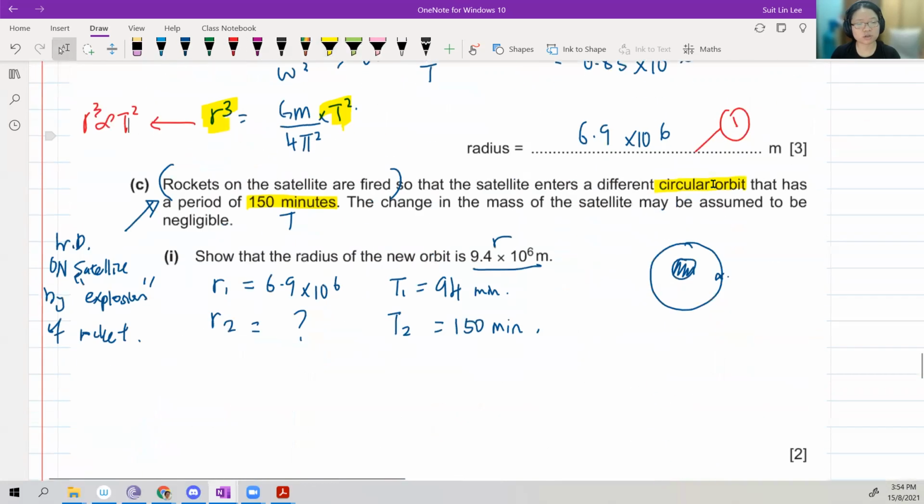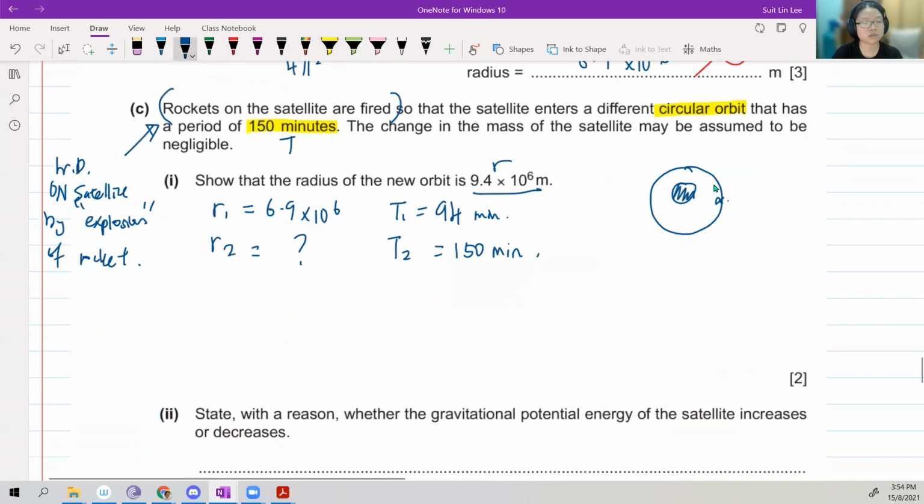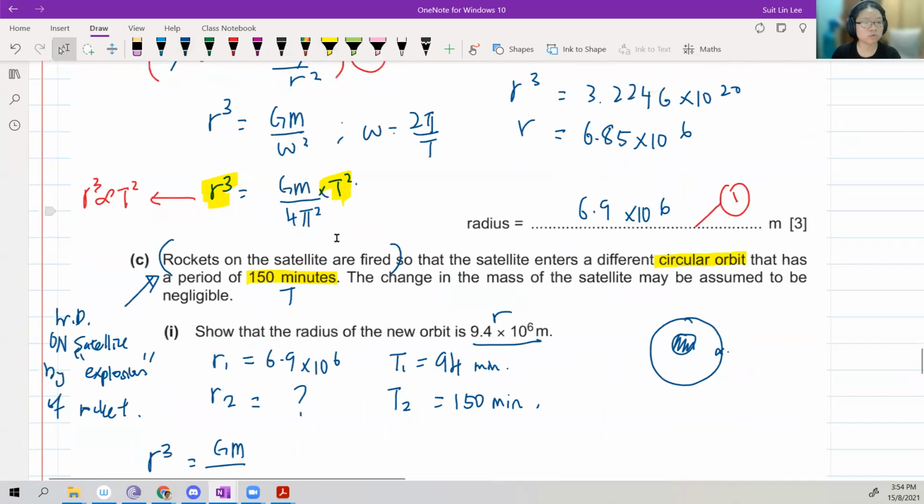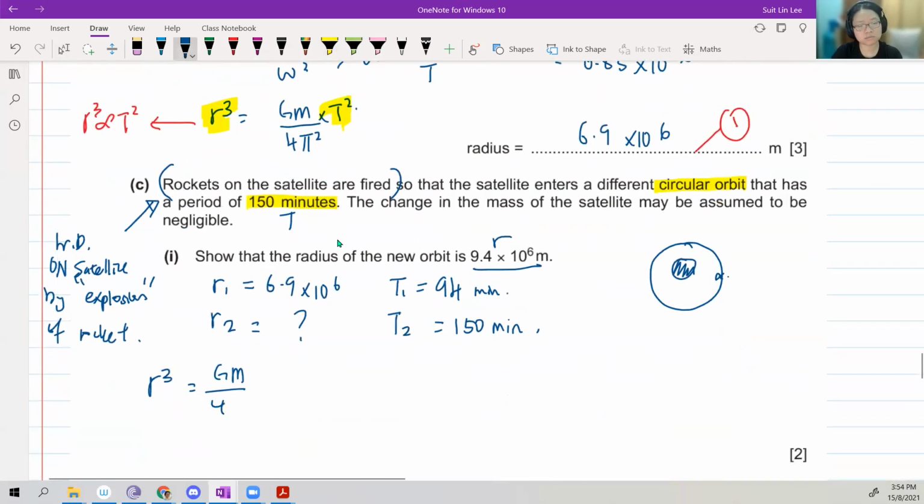If you're afraid that you cannot suddenly use it and show it here, then you just copy the equation from there. R cubed is equal to Gm over 4 pi squared times T squared. It's the same planet, so hence R cubed is proportional to T squared.